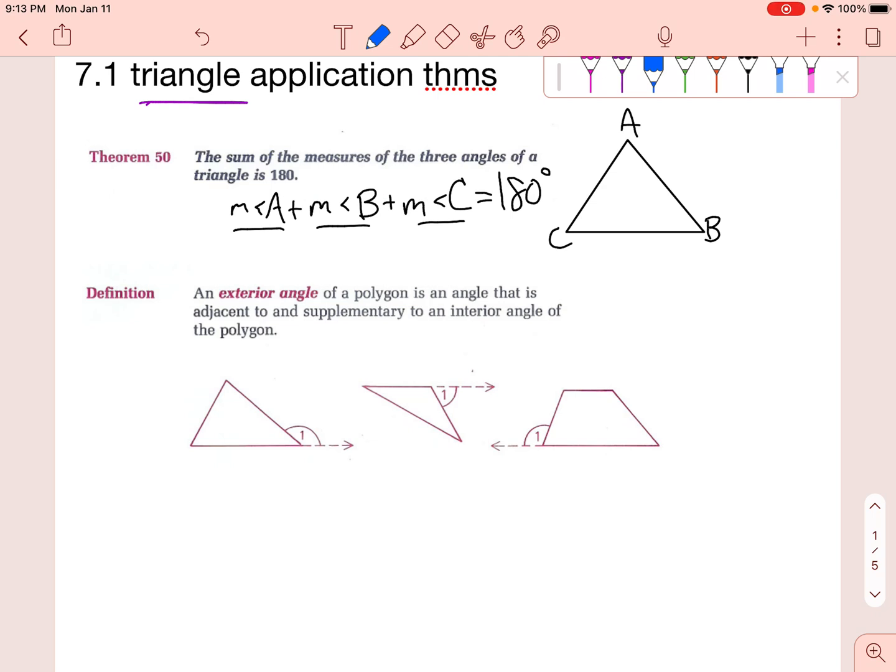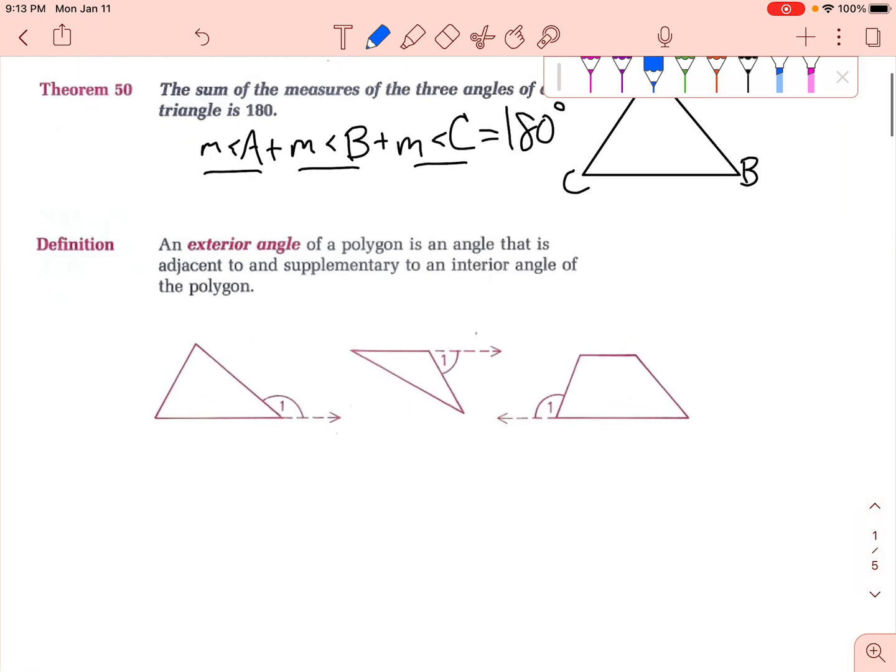The next theorem that we're going to get to has to do with exterior angles. So if you take a look at these, when we're looking at exterior angles, this is the definition. The exterior angle of any polygon, not just a triangle, but any polygon, is an angle that's adjacent, which means next to, and supplementary to one of the interior or inside angles.